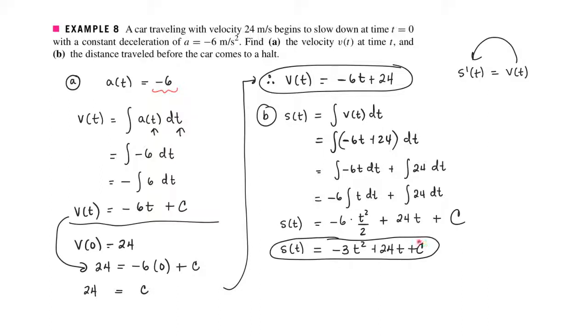What I need here is to see if I can find what c is equal to. If you remember in part A, they gave me an initial condition. They told me that at t equal to 0, the velocity was 24. Unfortunately, in part B, they didn't do that. They didn't give us the distance when t is equal to 0.